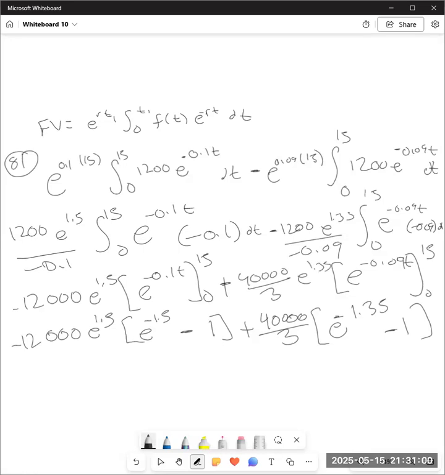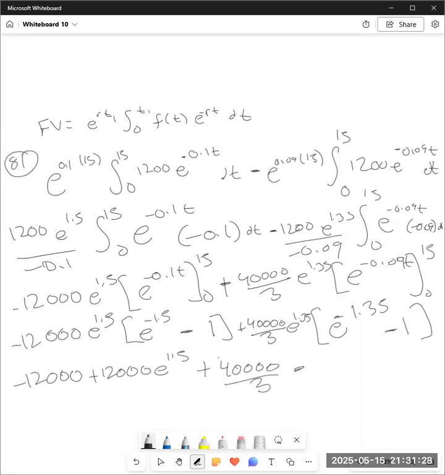Okay, so that is negative 12,000 plus 12,000 e to the 1.5 plus 40,000 over 3 e to the 1.35, minus 40,000 over 3.